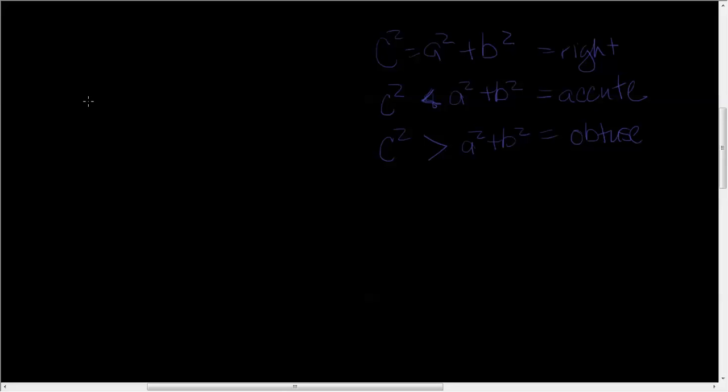If they give you the numbers 4, 5, and 6, and they say determine whether it is right, acute, or obtuse. Well, remember, we said c is always the longest side, so we're always going to plug our biggest number in for c. We don't know if it's a right triangle yet or not, but we're always going to plug our biggest number in for c.